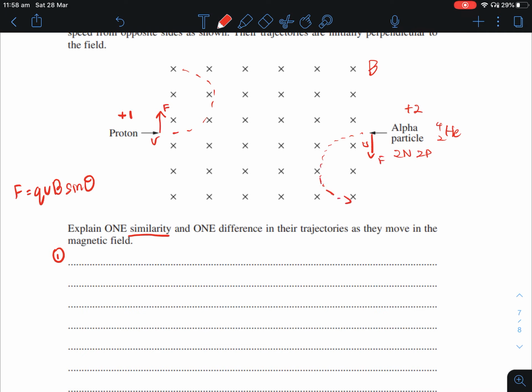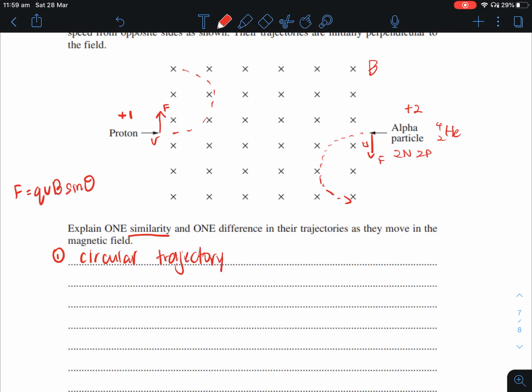How do I find out the direction of the force? All I need to do is use the right-hand palm rule, because these are all positive charges. So I point my thumb in the direction of the proton's velocity, and my fingers point in the direction of the magnetic field, which is into the page, and my palm tells me the force. And so the force I know is up for the proton and down for the alpha particle. So really, the similarity is circular trajectory.